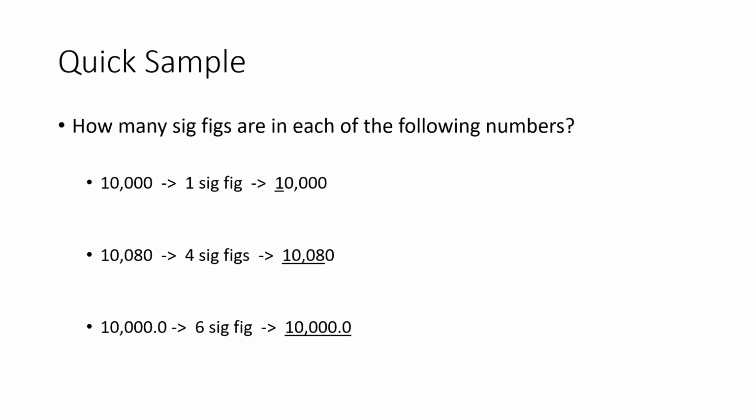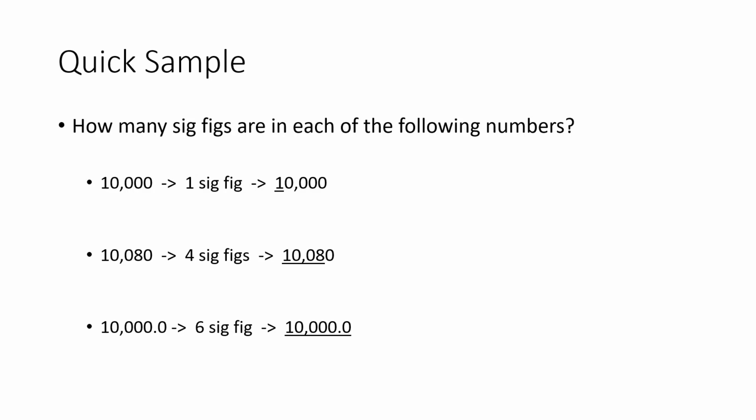But 10,000, as it's displayed, just 10000, only has one significant figure, because the rule is to the left of the decimal point, non-zeros are always significant, but zeros themselves are not necessarily significant unless they are between the integer numbers.